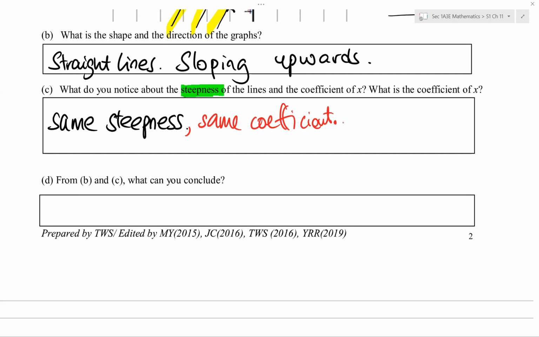When the coefficient of x is the same, for now, we have the same steepness. Okay. Later we see how we make things more difficult for you. So in this case, what is the coefficient? Coefficient equals 2, in this particular case. So from B and C, what can you conclude?